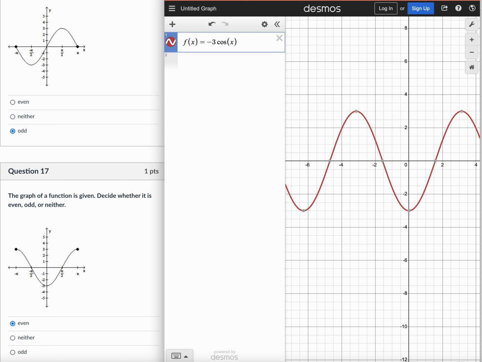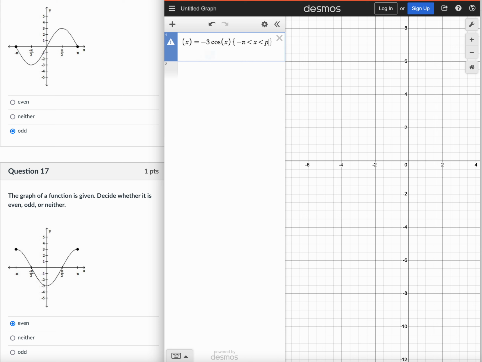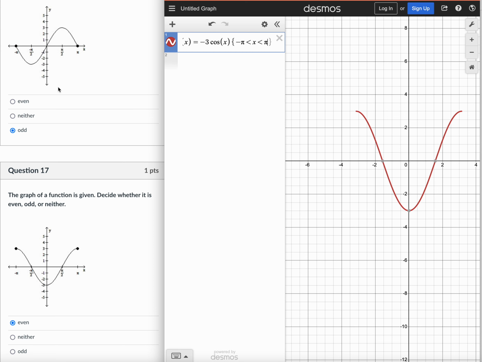And then if we restrict the domain to negative pi to positive pi, then that will be exactly the one right here. You may know later. Okay, so those two examples are very typical.